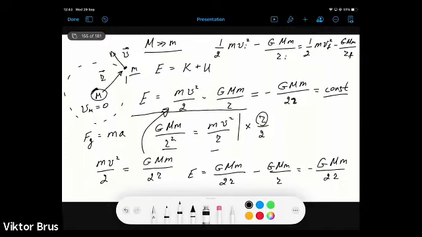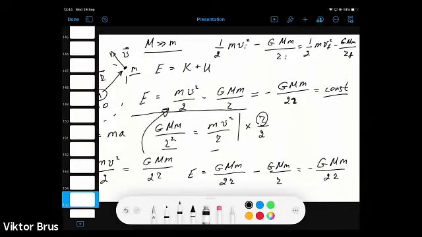What speed should it possess in order to leave the surface of the planet, considering this conservation of mechanical energy concept which we discussed right now.